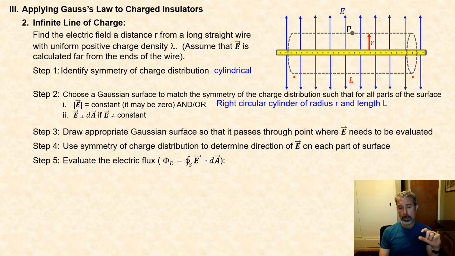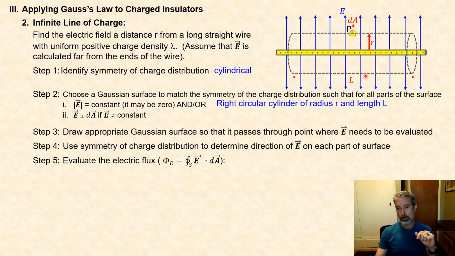As I said, we need to do this for each part of the surface. Let's start with the sides of the cylinder, and notice here I'm drawing what this vector dA looks like. As you can see, dA, which is always an outward pointing normal, is going to be in the same direction as the field for the sides of the cylinder.